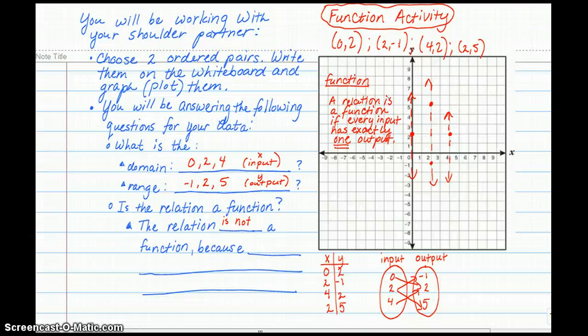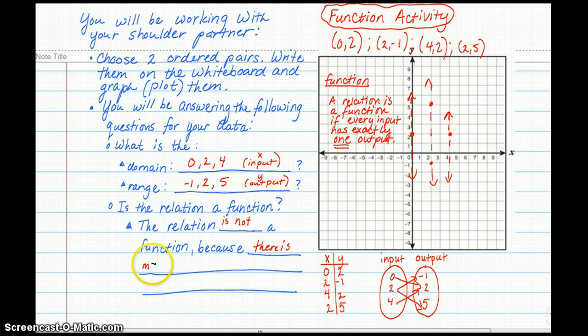So if you look at mine, I have this input of 2, so there's an x of 2 and another x of 2, but it doesn't just have one output, it has two outputs. It has -1 and 5.